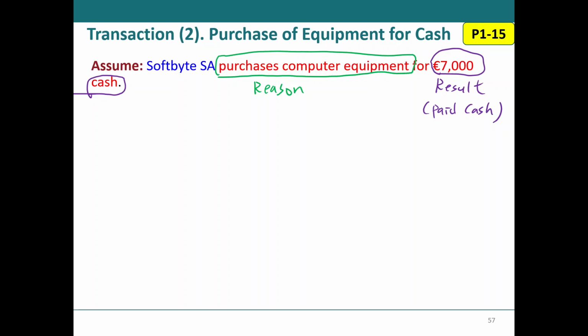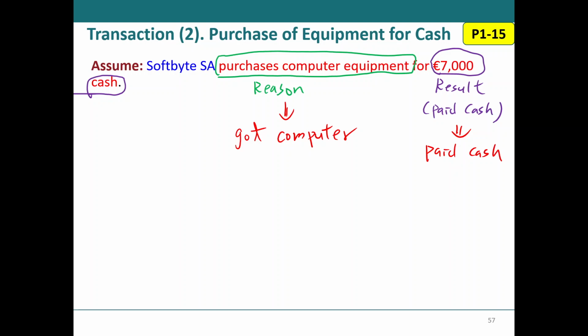Okay? Because of the reason, you got the result. For this reason, you purchased computer equipment, which means I bought a computer. I got the computer, right? So the reason meant you got the computer. The result, you paid the cash, right? So you paid cash.